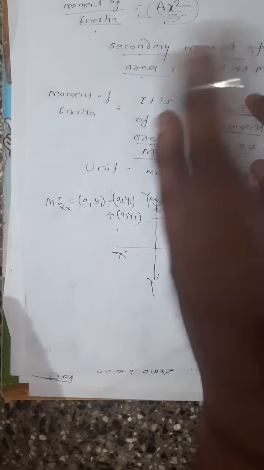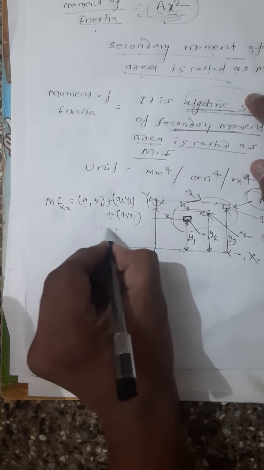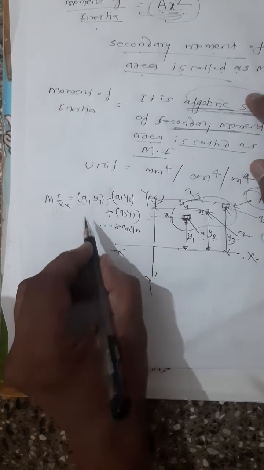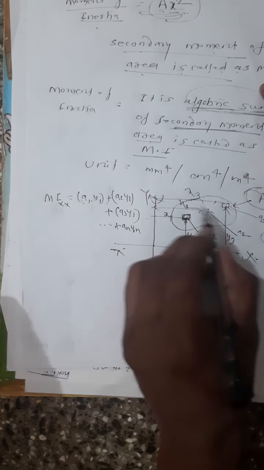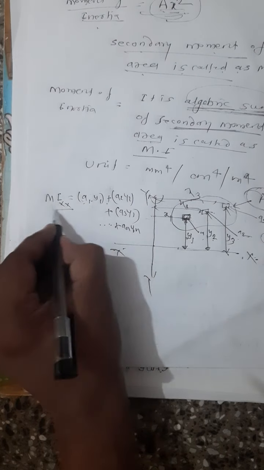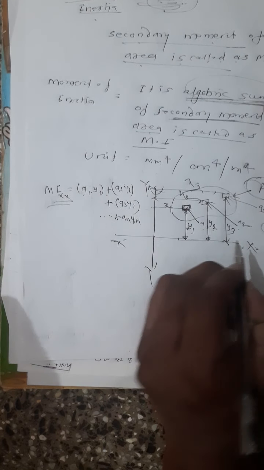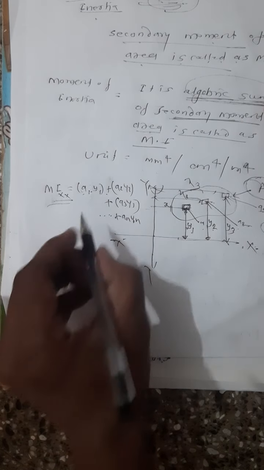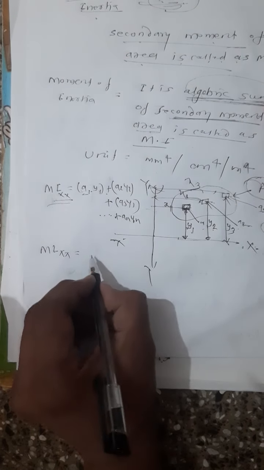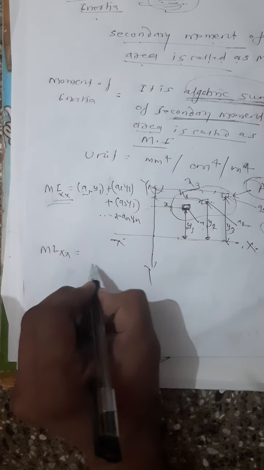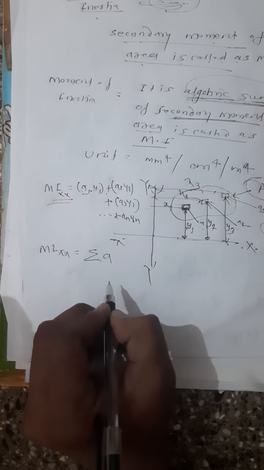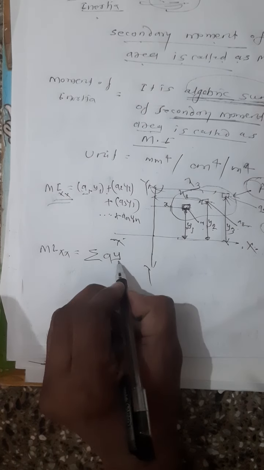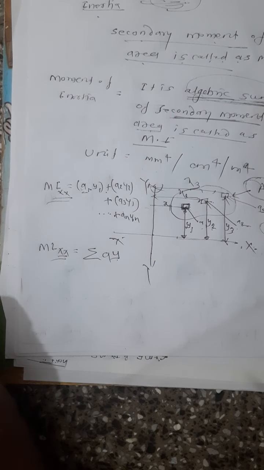Likewise, if we have another area, it becomes plus an yn square. In this fashion, this is the algebraic sum of the small elementary areas about the x axis. So what is MI about the x axis? We have done the summation of area times the distance y from x.